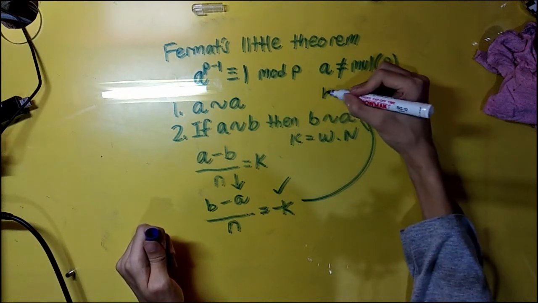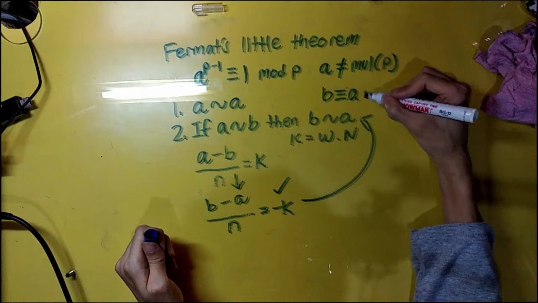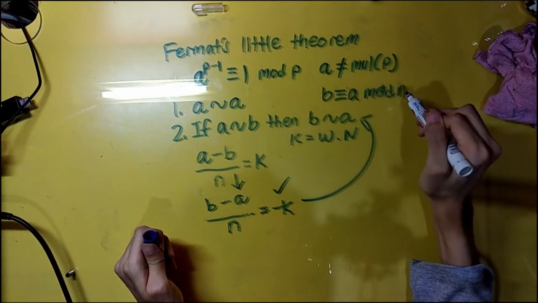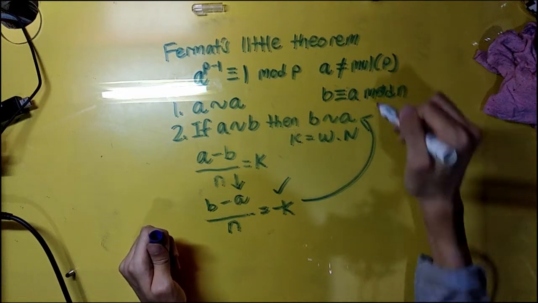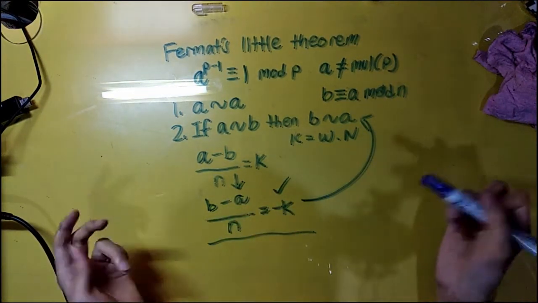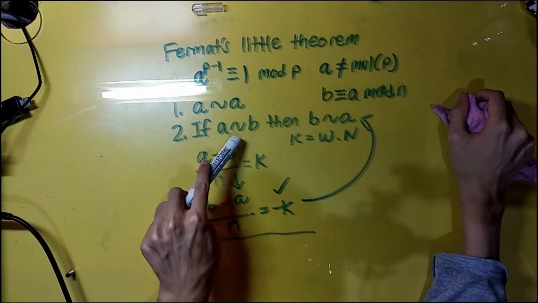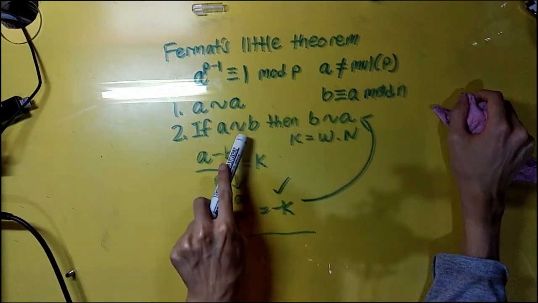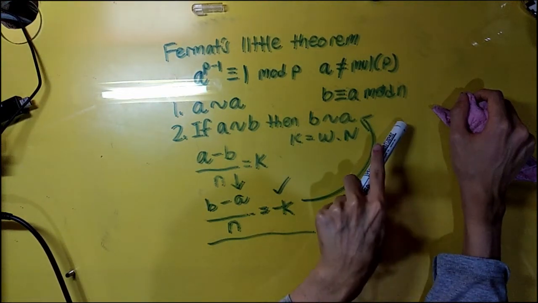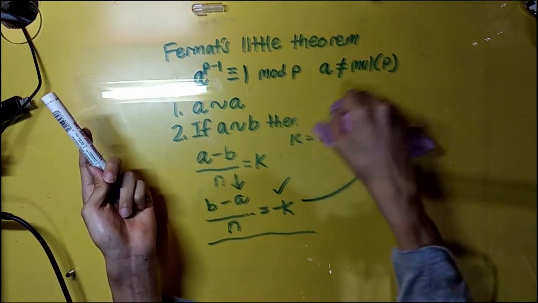This means B is congruent to A mod n, which means that B minus A should be divisible by n, and that is exactly what this thing here states. So, cool. If this is true, that means that this is true, because you can multiply it by -1 and everything would still work out just fine, in a mathematical sense, basically.